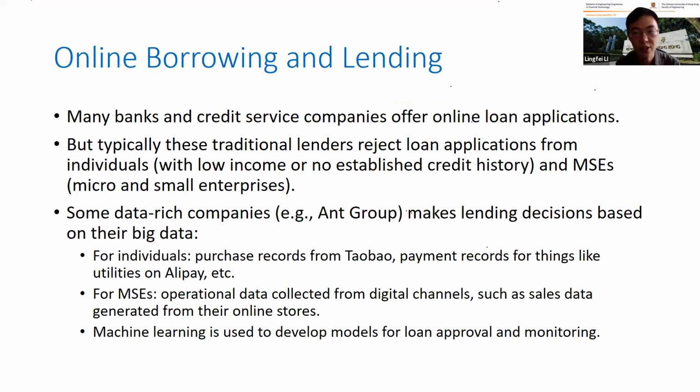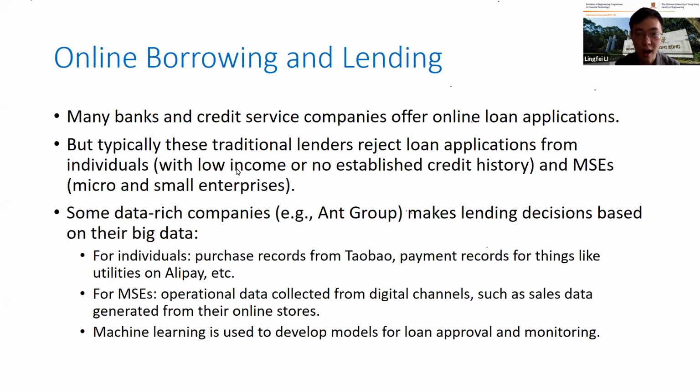Obviously, banks are concerned about the ability of the borrower to repay the money in the future. If they think your default probability is high, default means you don't repay, then obviously they're not going to approve your application. They're not going to lend you any money.